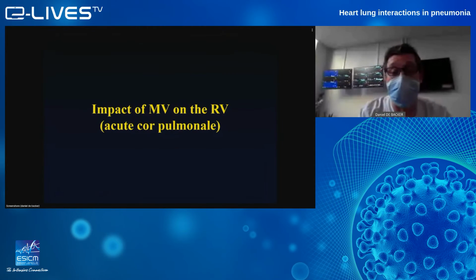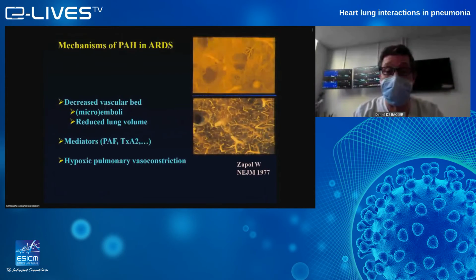What is the impact on the right ventricle of mechanical ventilation, leading to the development of acute cor pulmonale? This is mostly related to the presence of pulmonary hypertension in patients with ARDS. And there is a decrease in vascular bed, especially due to microemboli that occur.